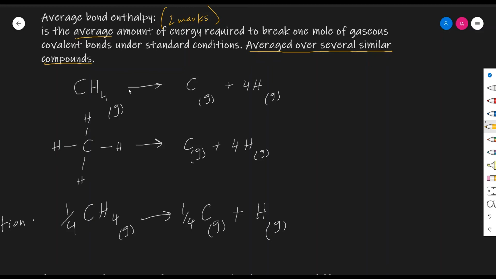If I were to represent the average bond enthalpy using an equation, using CH4 as an example, methane gas, this equation here does not represent the definition. I put it as an example for when they try to trick you.